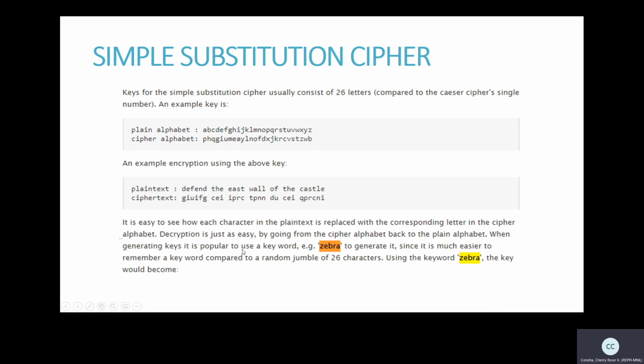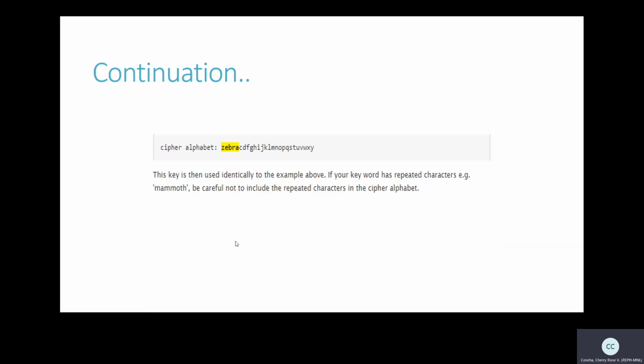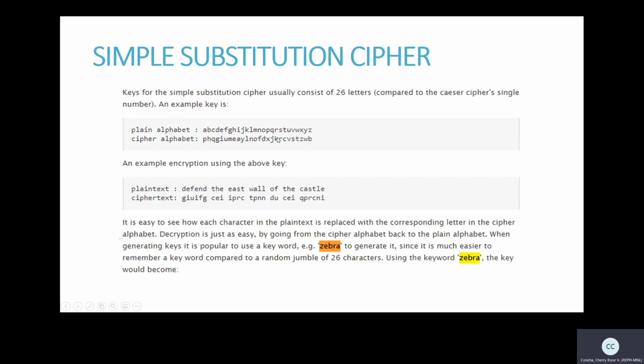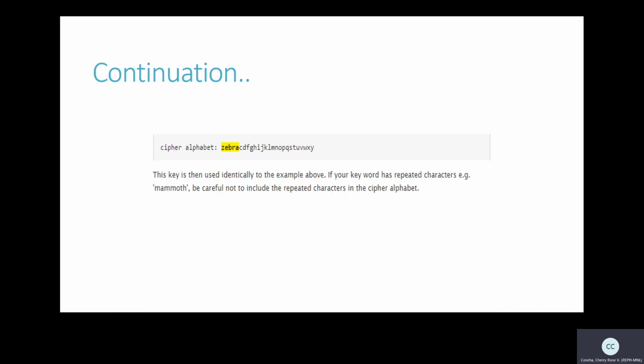Then, the next slide na pinakita ko naman, we use a ciphertext that uses a keyword. The keyword that we use is zebra. Our cipher alphabet will be zebra. So if we wanted to encrypt "defend the east wall of the castle", we will generate what is D here. Ano yung D dito sa katapat na plain text.